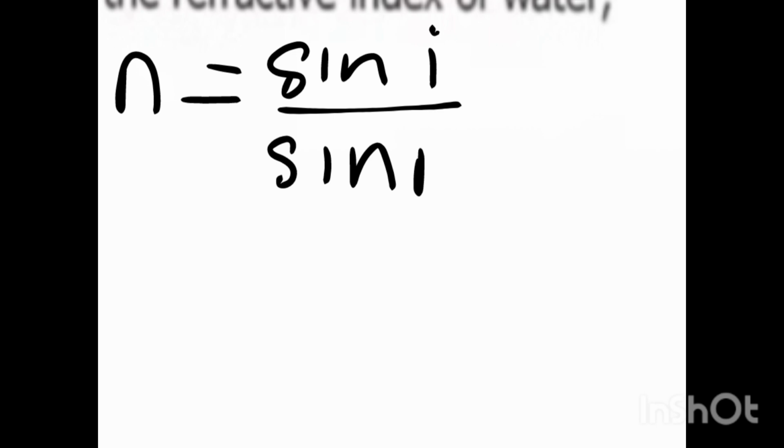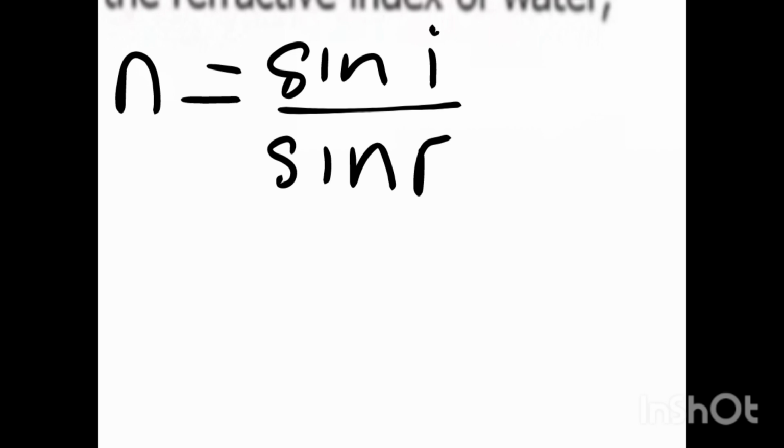The refractive index is denoted by the letter n, so we say n equals sine i over sine r. This r here is for the refracted angle, and this i is the angle of incidence.